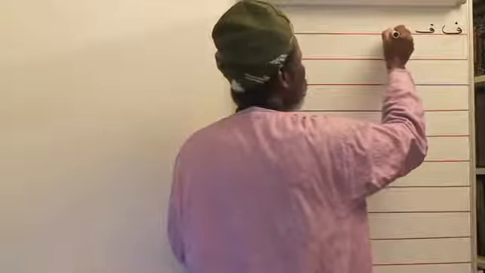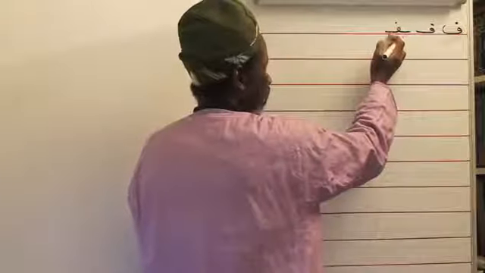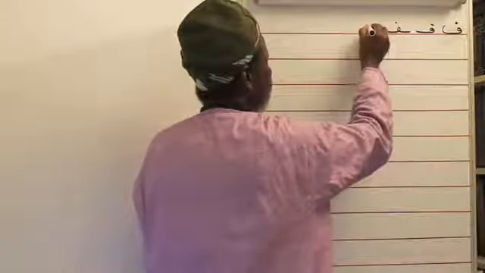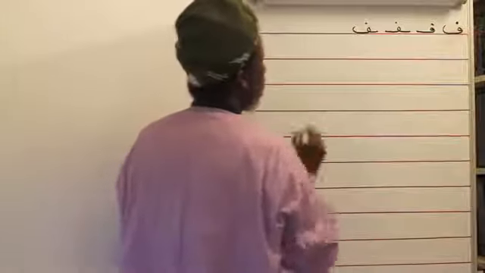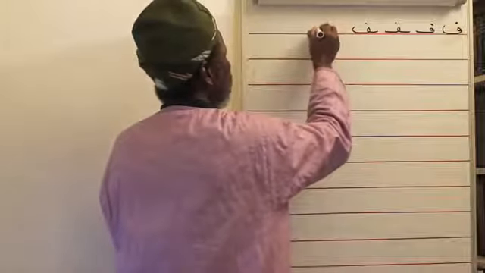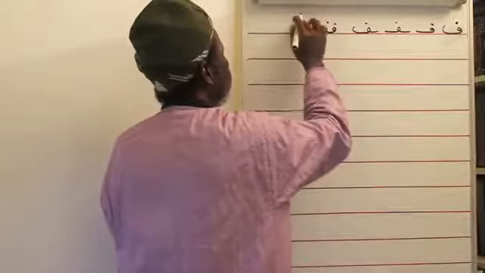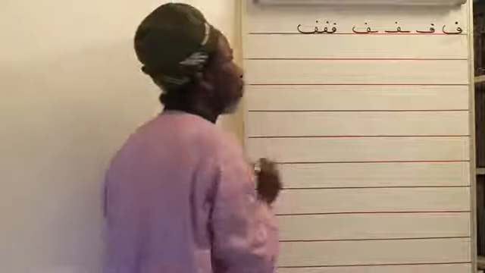Middle, Fa, extension coming from the previous letter, extension ready for the next one. Final, extension, and then put your Fa. Let's see how they join. So we have Fa, Fa, Fa, and you have your dot. So, a nice continuous loop for me.